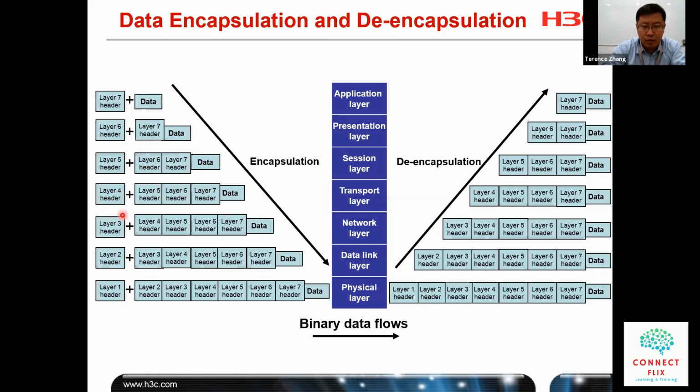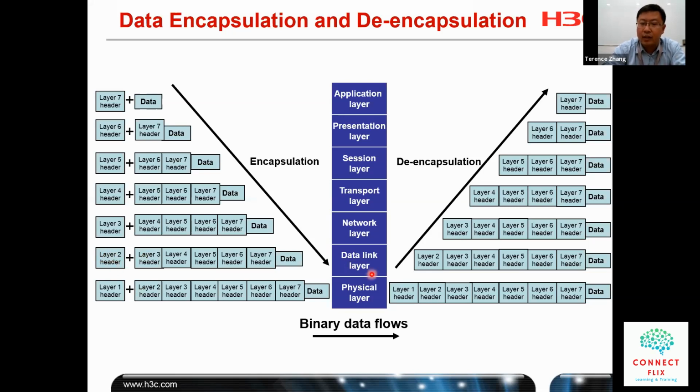It is passed down to the network layer to add the IP header. The IP header is a layer 3 header. Then it is passed down to the data link layer, which adds an Ethernet header if the data link uses Ethernet. But if it is not Ethernet, maybe it's a token ring or some other type of data link network, they add their own headers accordingly.